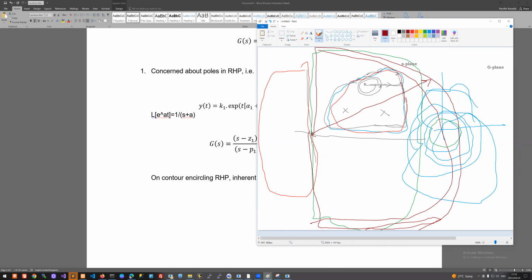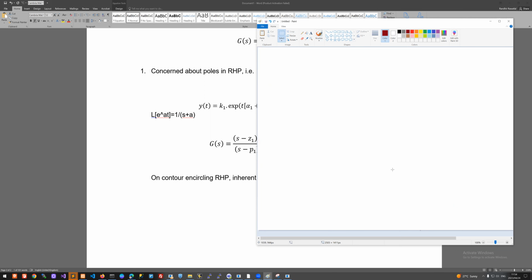The G value is moving around here. So as S changes around here, G is only sitting here. And then we also know S equals minus i omega is giving us the complex conjugate of S equals plus i omega, so we might as well just travel on S equals i omega. Let's clean up a bit.